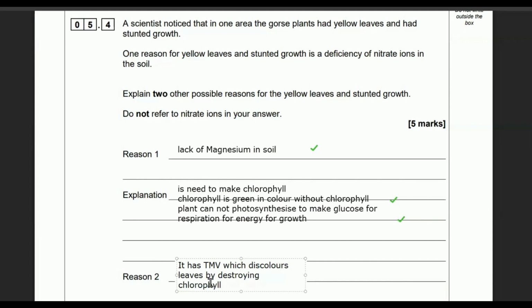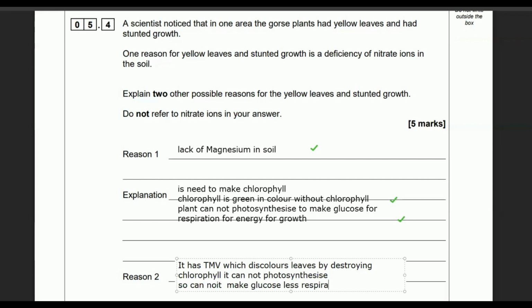And again, the same reason, it cannot photosynthesize. And then I could go down the whole route above. So cannot make glucose, less respiration, less energy, or less proteins can be made. So go down that route. Less protein, less growth, less repair. Okay, I'm running out of room. Cool.